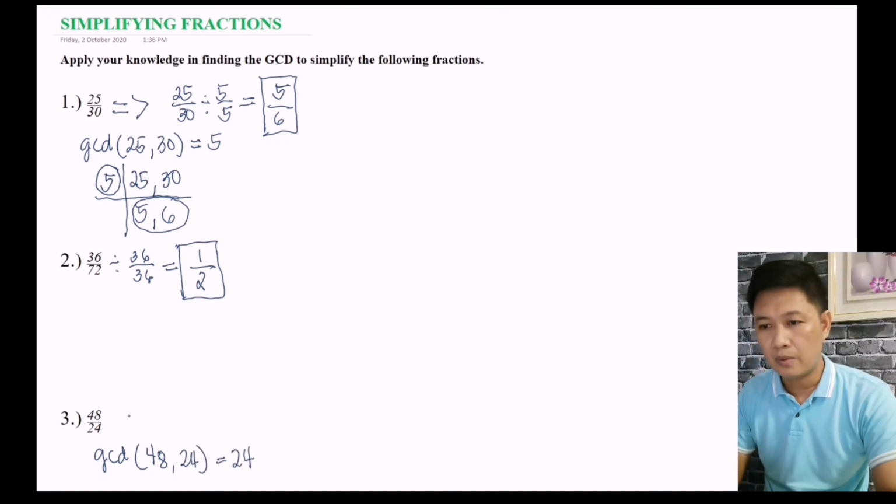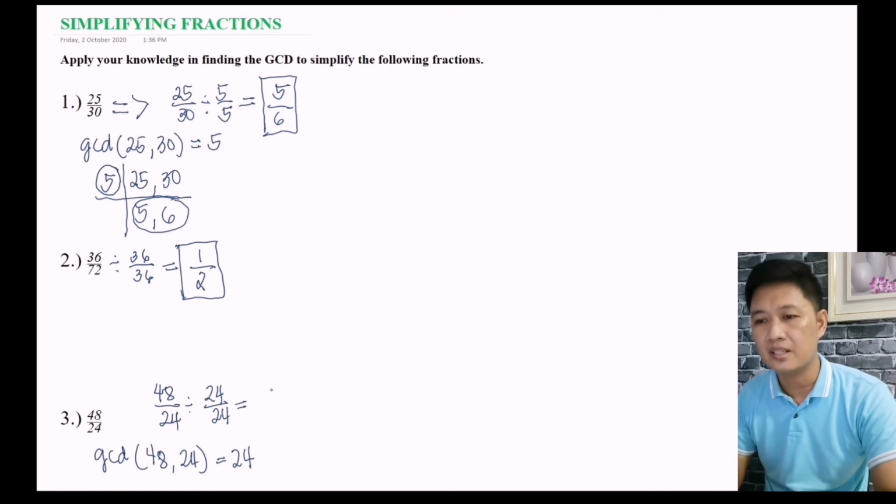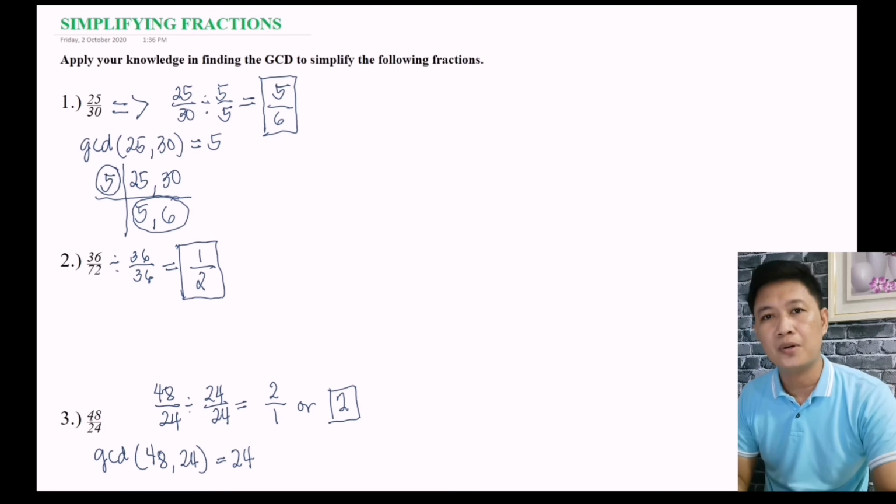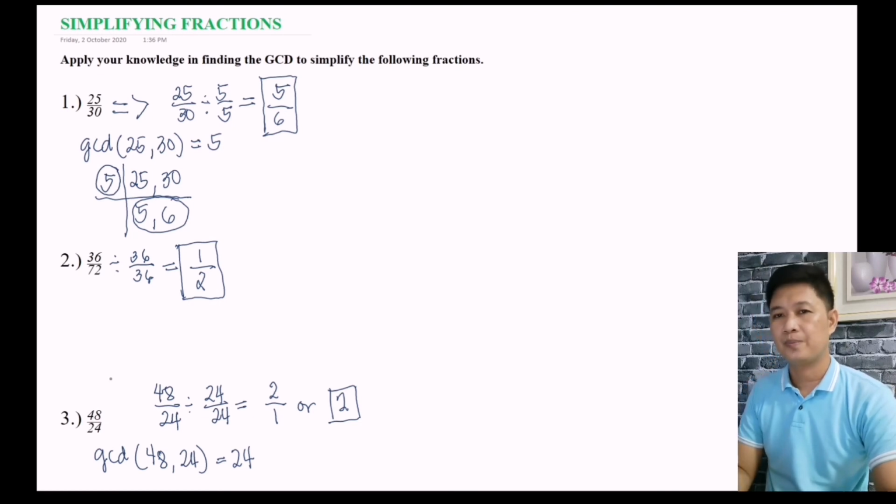So, pwede na natin gawin ang 48 over 24. I-divide natin siya by 24 over 24, and that is equal to what? Alright, so we have 2 over 1, or simply saying 2. So therefore, the simplest form of 48 over 24 is 2.